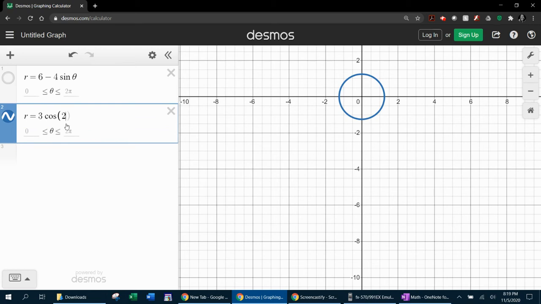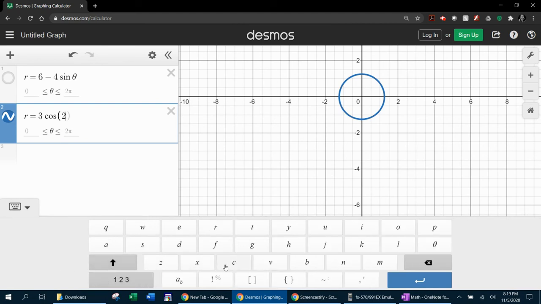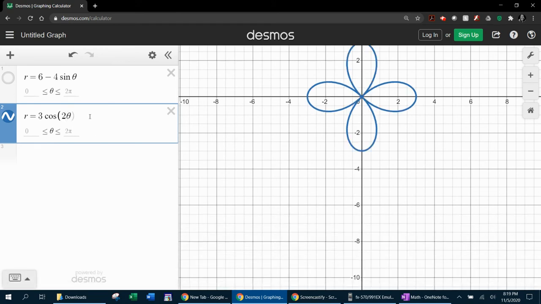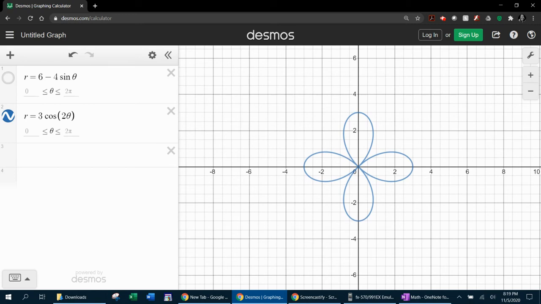Now you are going to have to use theta, and the way you get theta is from the keyboard with the ABC button, and then all the way over here is theta. Okay, so if I minimize that and hit enter, you can see that we do get a rose with 4 petals as predicted.